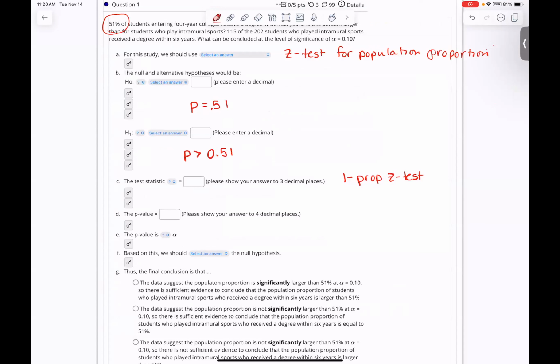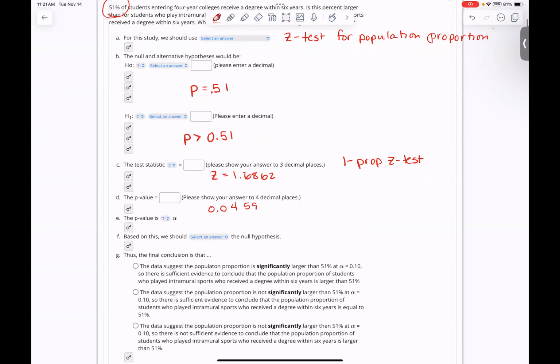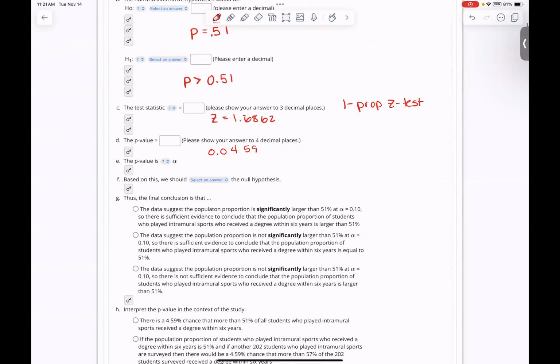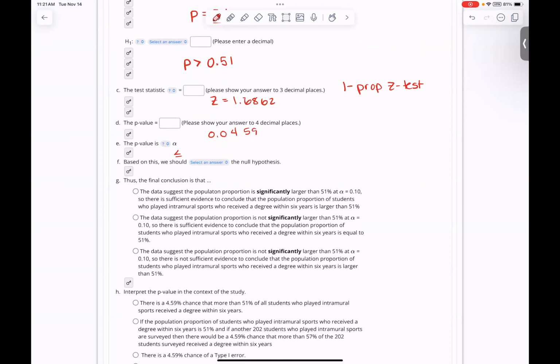So our Z statistic was 1.6862, and our p-value was 0.0459. Now this p-value, 0.0459, is less than or equal to our alpha. So what do we do? If the p is low, the null must go. So we're going to reject the null hypothesis.